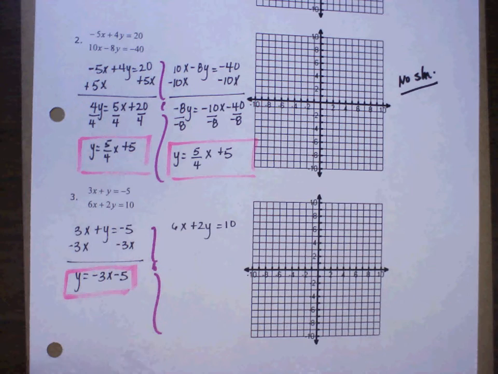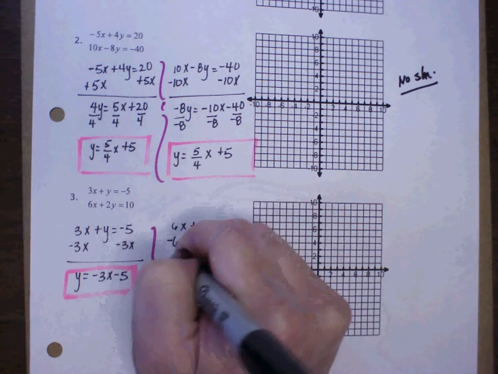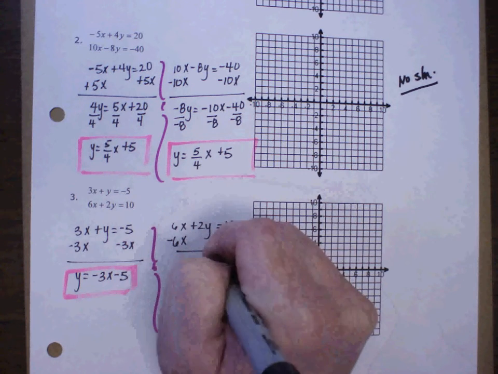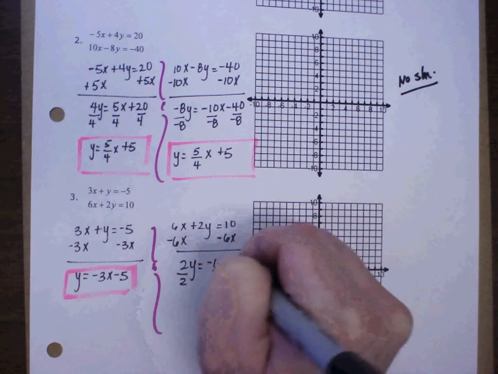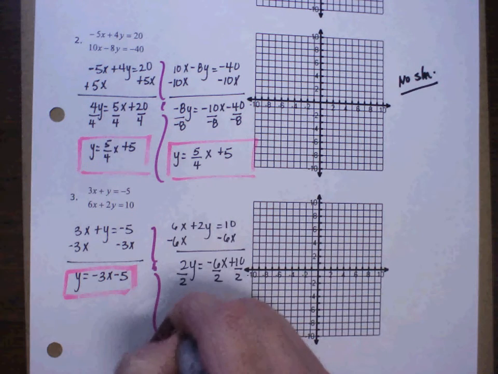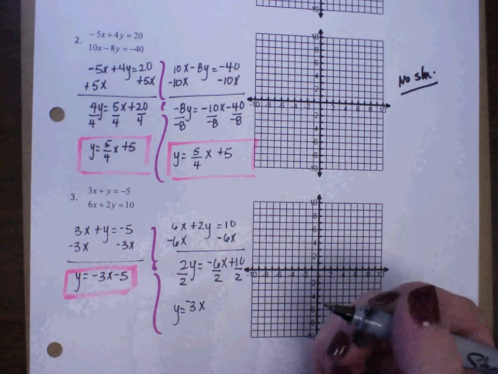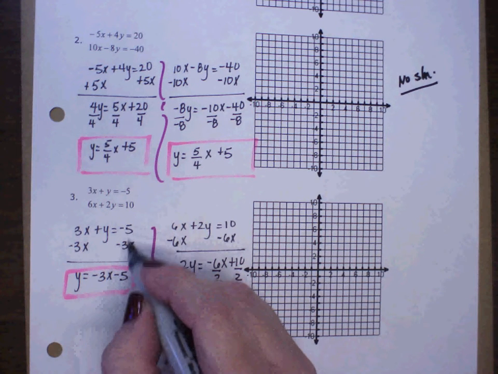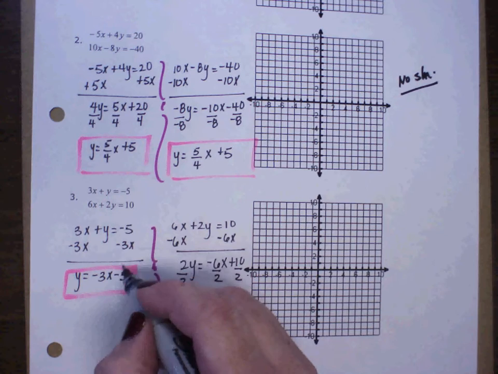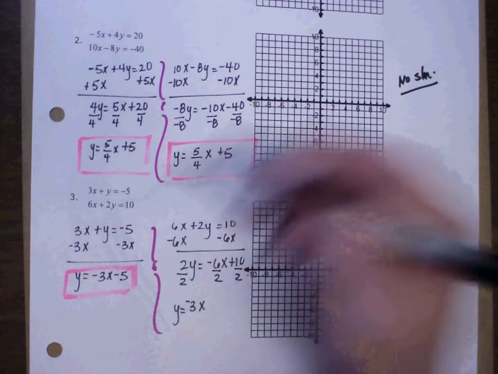All right, minus 6x. 2y equals negative 6x plus 10. And now divide by 2. So y equals negative 3x. Is this positive or negative? That's a negative 5, right? Minus 6x, and then divide by 2. What is 10 divided by 2?